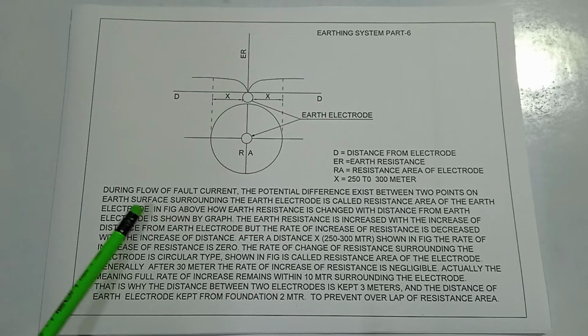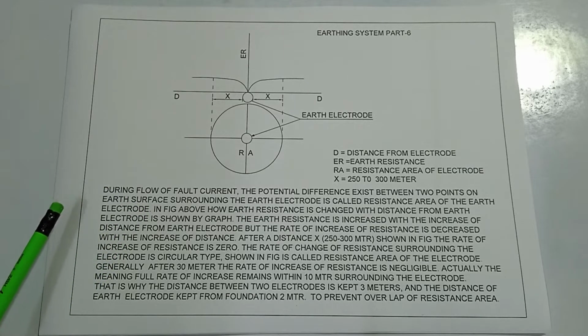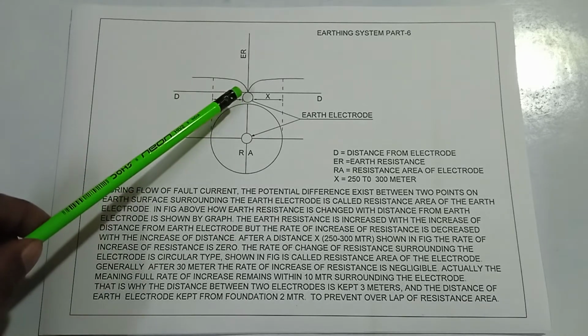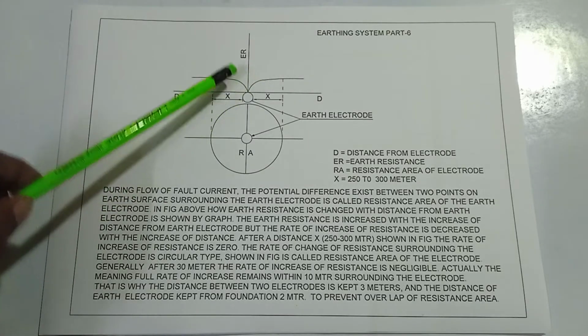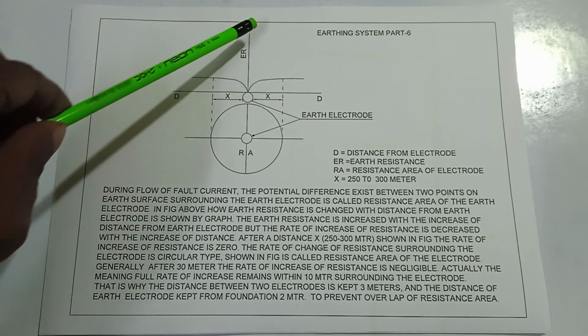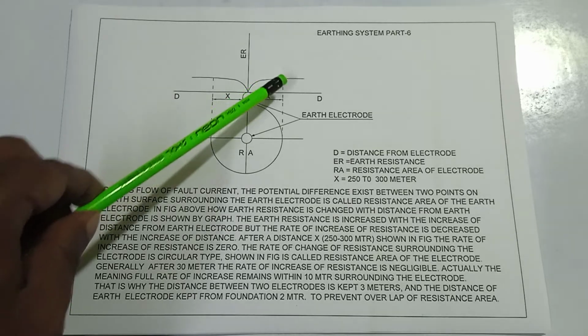In the figure above, how earth resistance changes with distance from the earth electrode is shown by a graph. The earth resistance increases with the increase of distance from the earth electrode. Here it is increased. Earth resistance here is the Y axis. It is increased here.